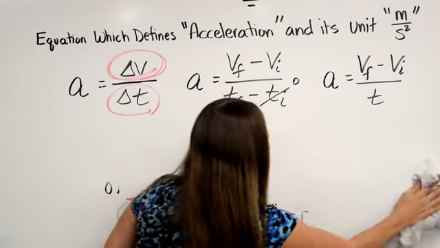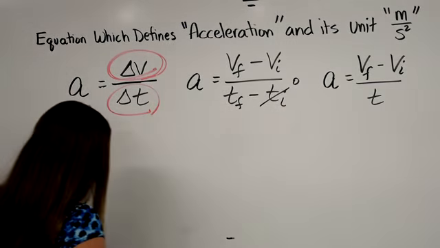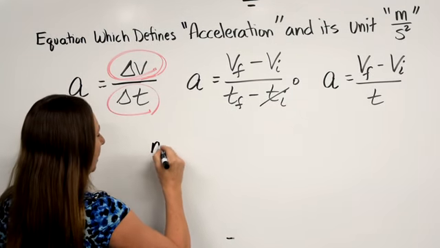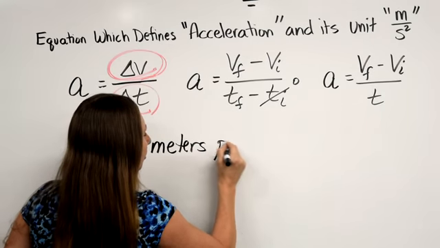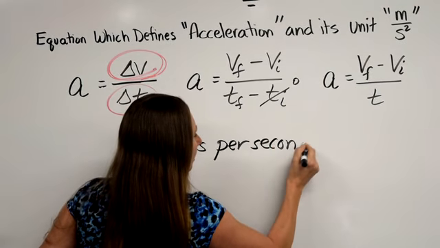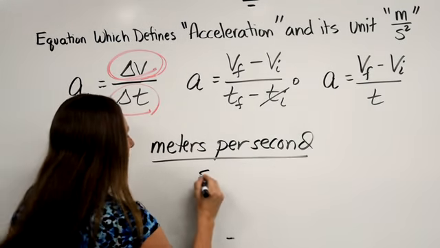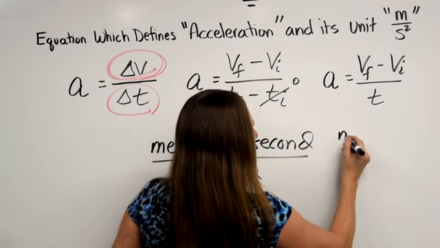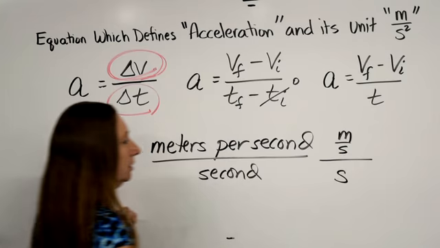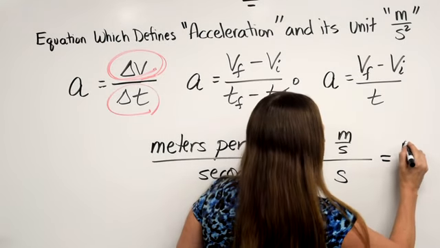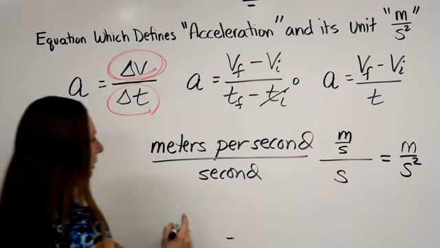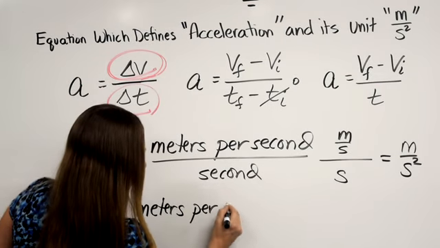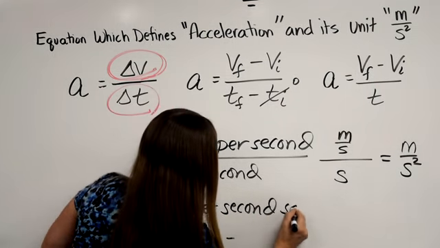What acceleration is, is how many meters per second, per second. On top is velocity, meters per second per second. That's why it's meters per second squared. And the way you would say this is meters per second squared.